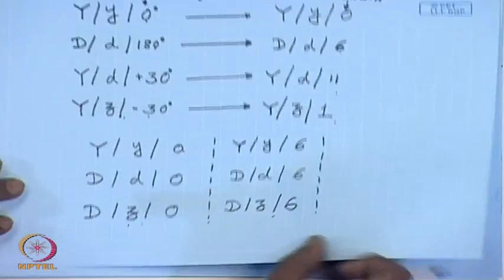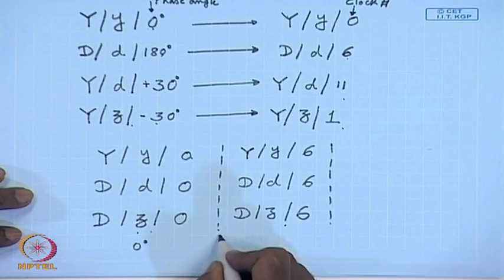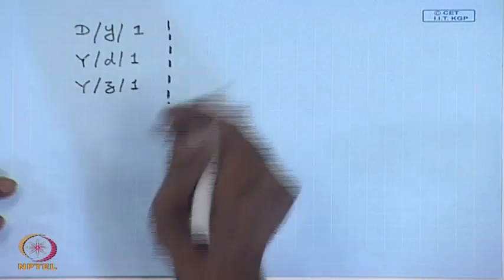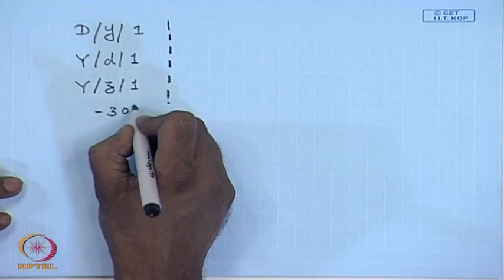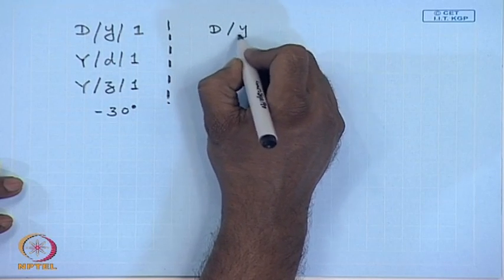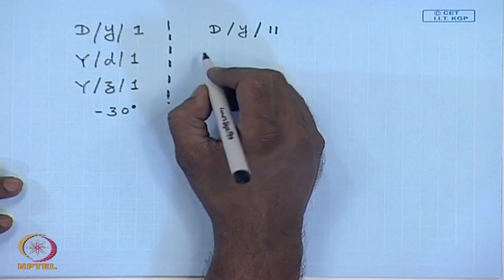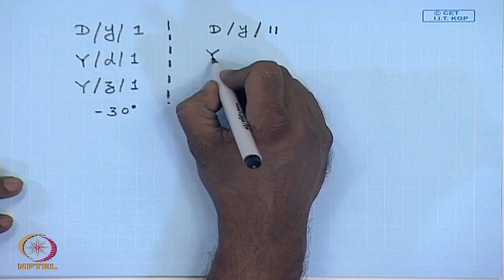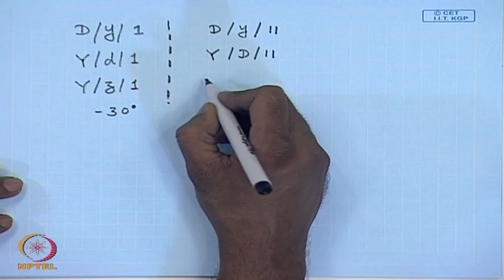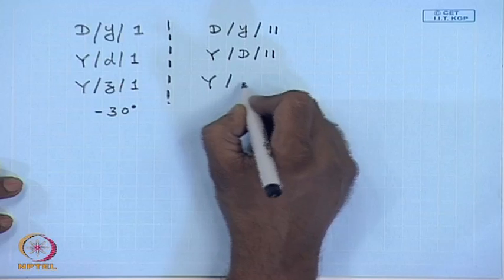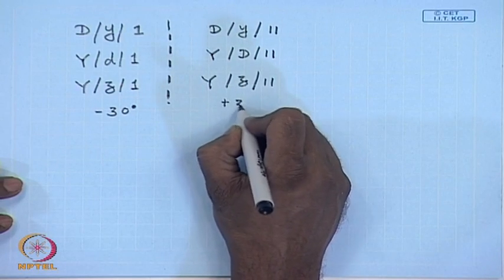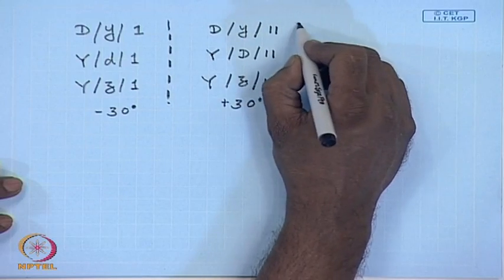So, this was 0 degree phase shift, this is 180 degree phase shift, this is minus 30 degree phase shift, and then you can have D y 11, y D 11 and y z 11. These are plus 30 degree phase shifted configurations.